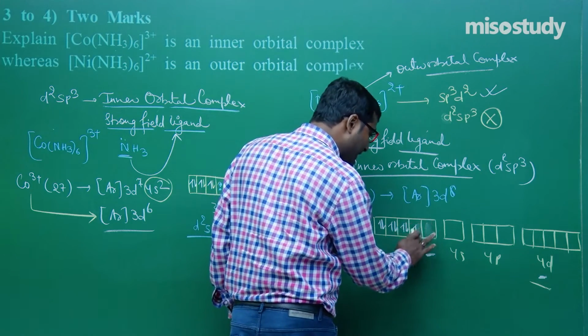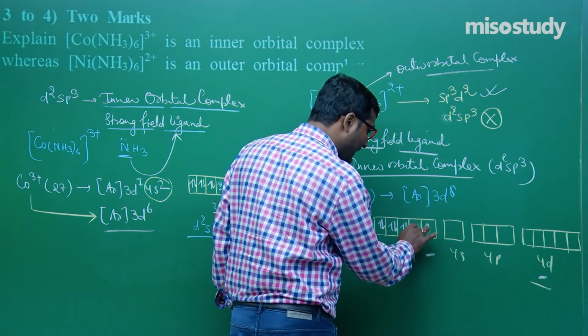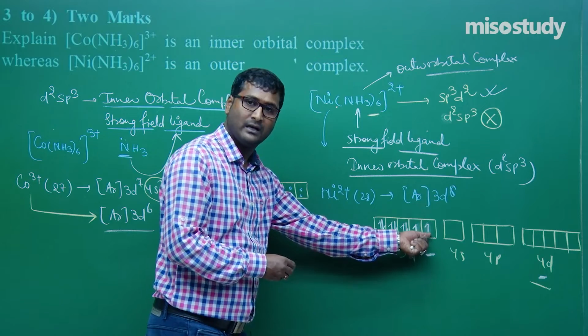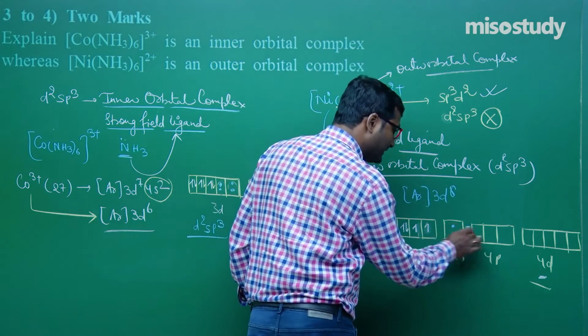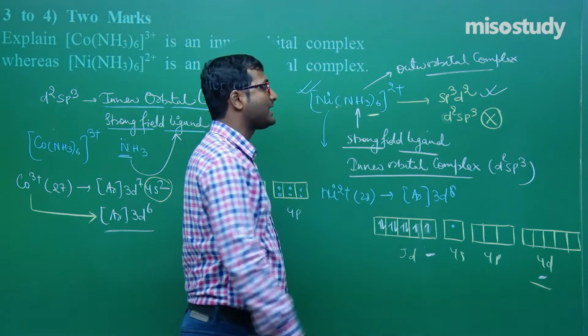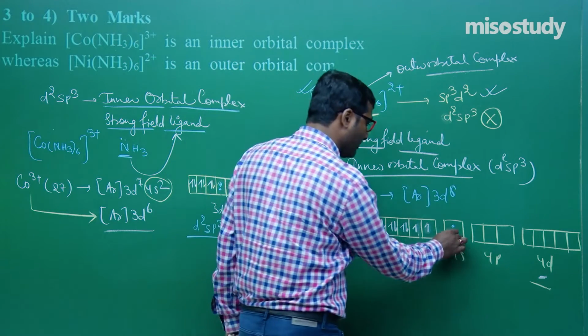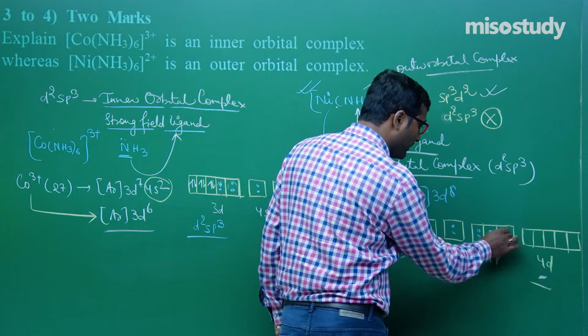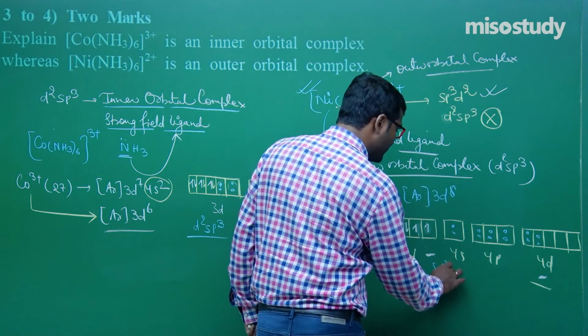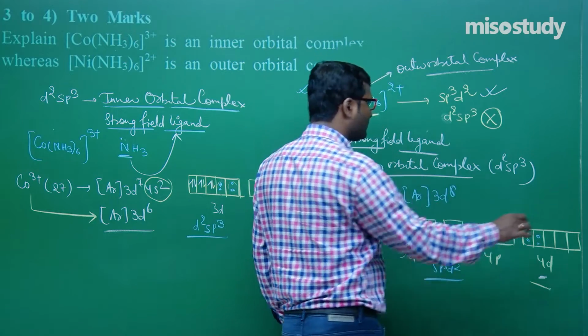So due to this reason, the strong field ligand does not pair up these 2 electrons, and it uses the outermost d orbitals. Due to this reason, it forms an outer orbital complex like this: 1 pair, 2 pair, 3 pair, 4, 5 and 6. So the hybridization is sp3d2, not d2sp3.